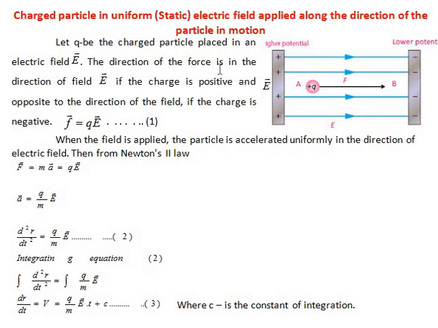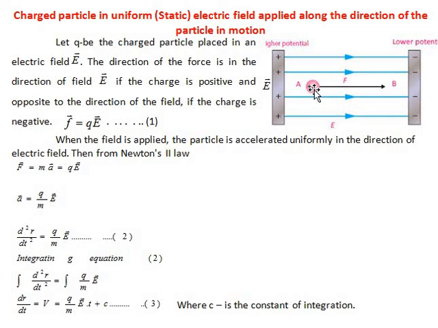The direction of the force is in the direction of the field E if the charge is positive. In the sense, if the charge is positive, the direction of the force acting on this particle is along the direction of the electric field, from positive to negative, and opposite to the direction of the field when the charge is negative.